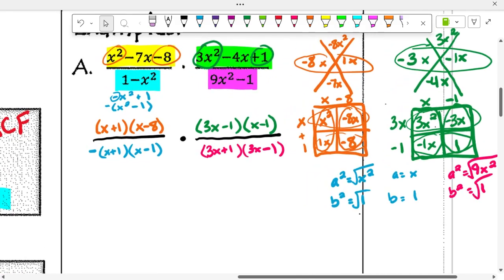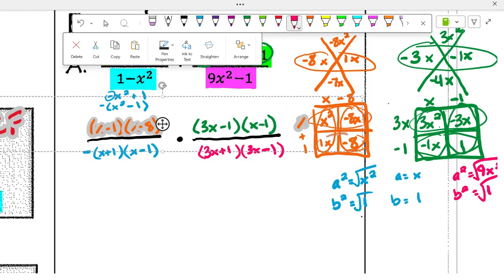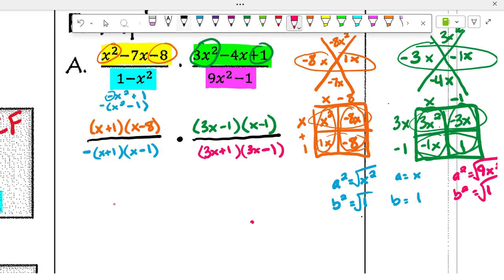Now, the next step says to typically start crossing out. But what I like to do is the multiplication aspect first. Meaning, I'm just going to rewrite this entirety as one fraction before I start crossing, just because it's easier to see. So I have x plus 1, x minus 8, 3x minus 1, x minus 1.